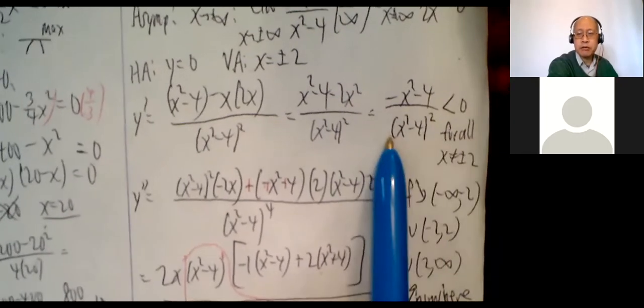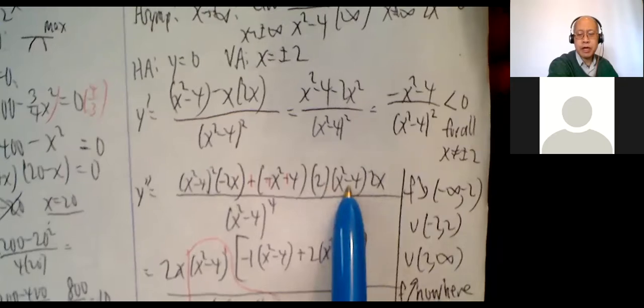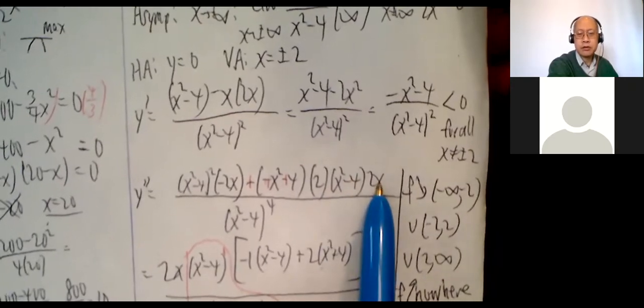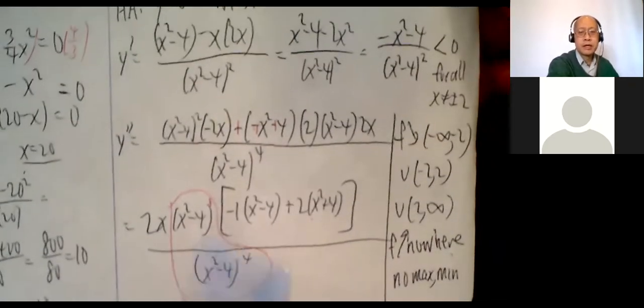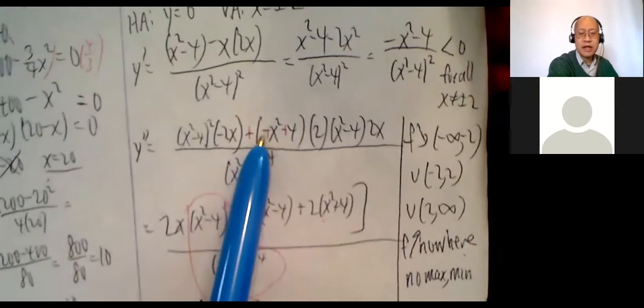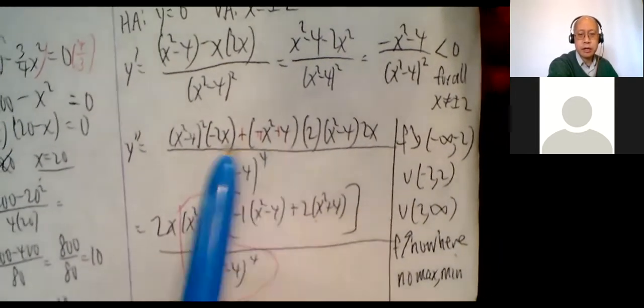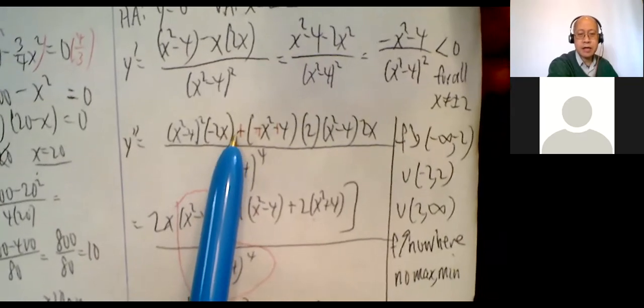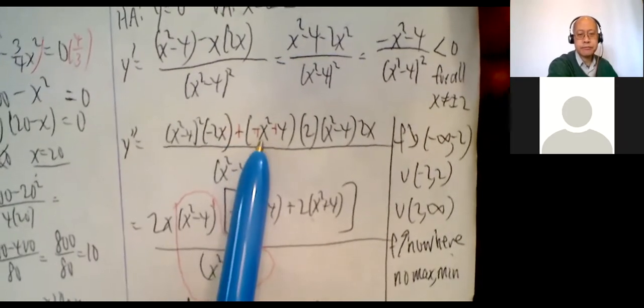Derivative of the bottom is a chain rule: 2 times x squared minus 4 to the first power times 2x. Okay, so now that was a negative, that's a negative, that's a negative. So that's why I make this plus, plus, plus in red. The original was in black ink: negative, negative, negative. Distribute the negative here, make them all pluses.